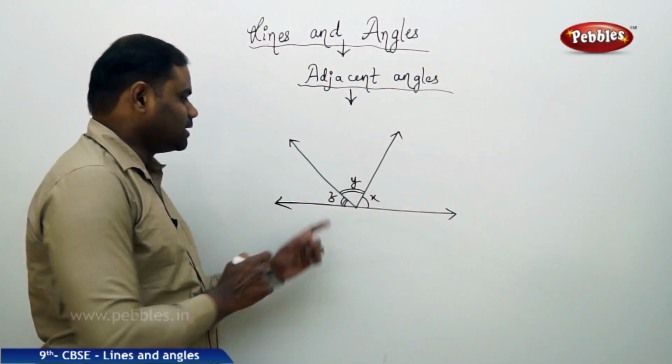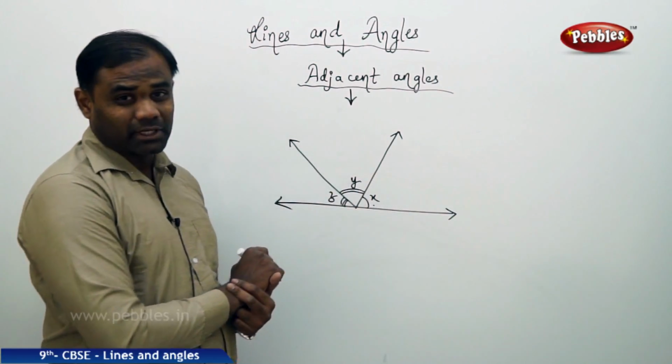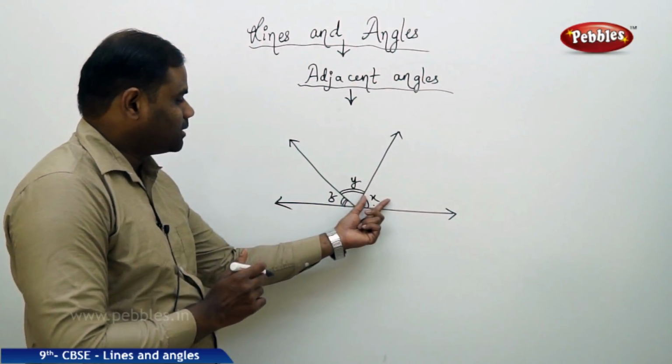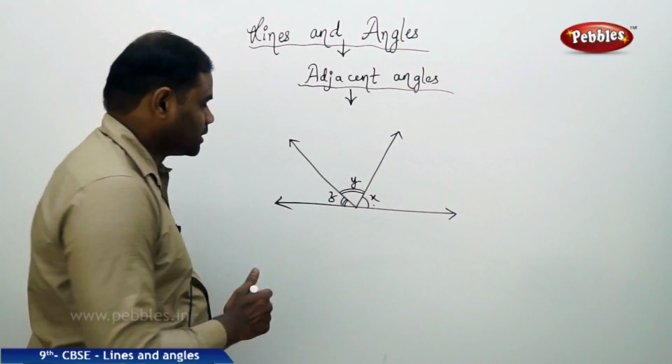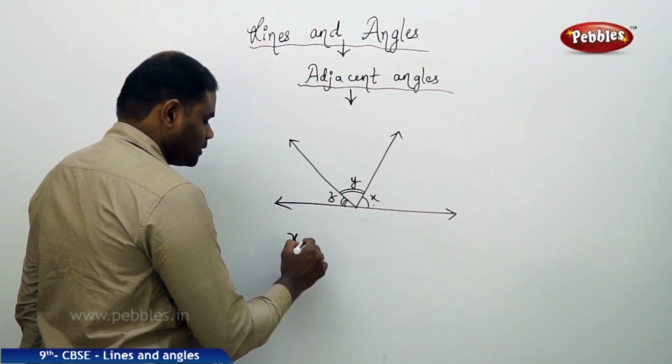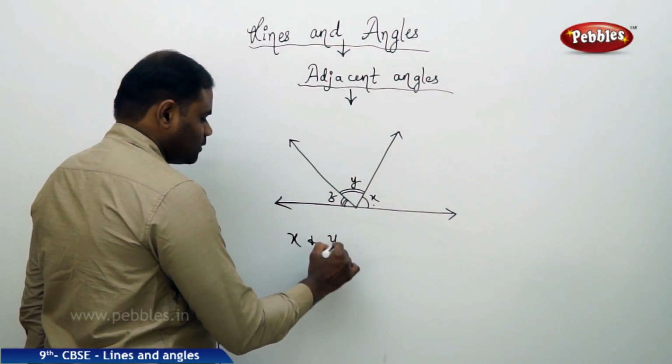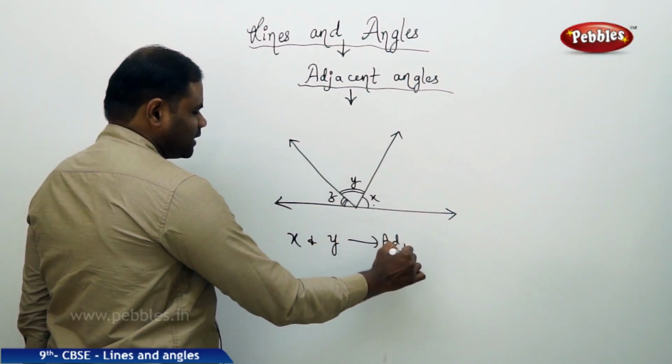Now clearly I see that x and y are beside each other, but when I take the pairs x and z, they are not beside each other. So very clearly I can say x and y are adjacent angles.